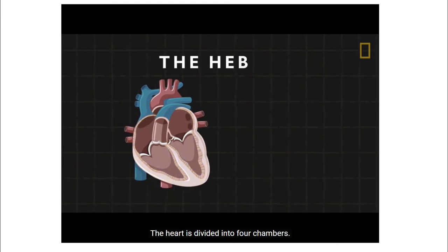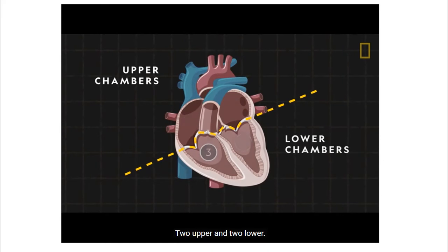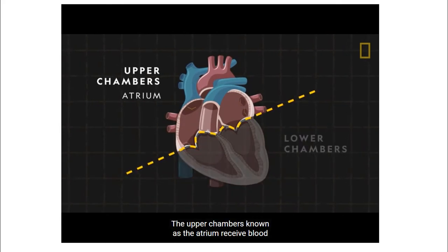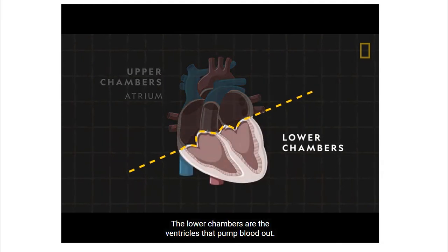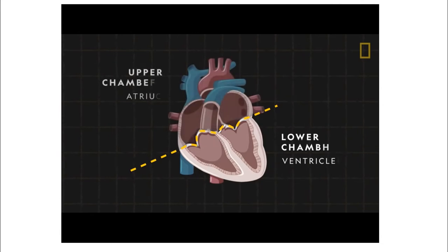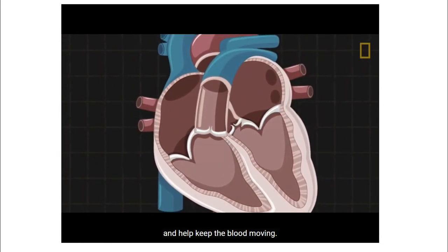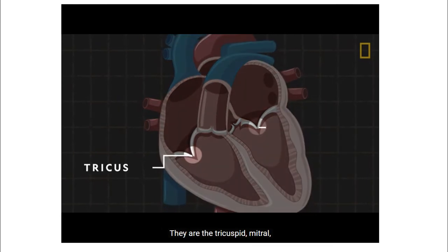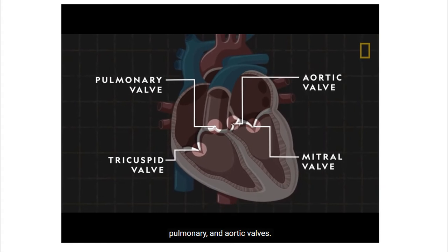The heart is divided into 4 chambers, 2 upper and 2 lower. The upper chambers, known as the atrium, receive blood coming into the heart. The lower chambers are the ventricles that pump blood out. Between each chamber are valves that open and close and help keep the blood moving. They are the tricuspid, mitral, pulmonary, and aortic valves.